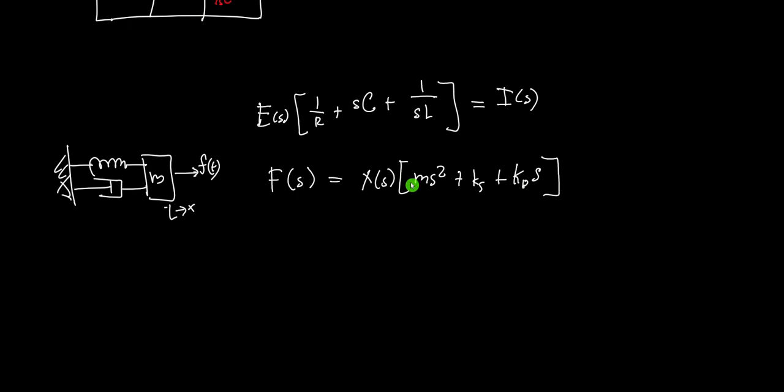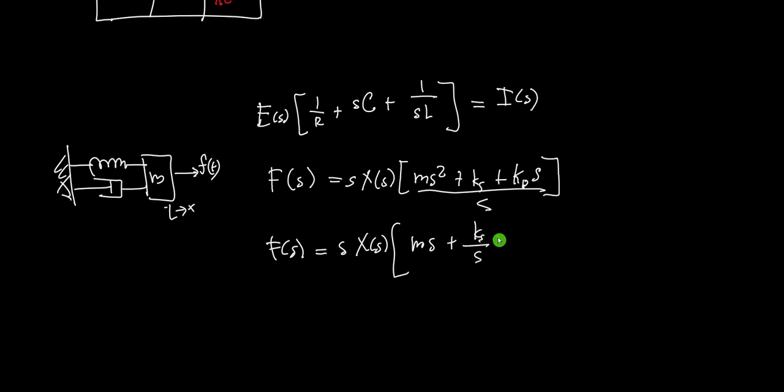So what we do is multiply here by s, and divide this by s. So the equation now, F of s will be s times X of s, times m s squared over s which is m s, plus k, the spring constant, divided by s, plus k d, the damping constant, or the viscous damper.